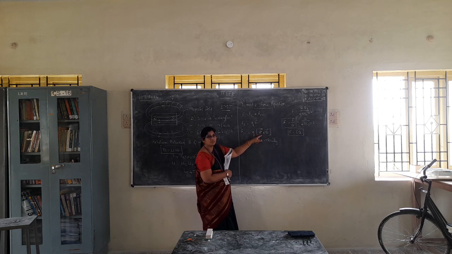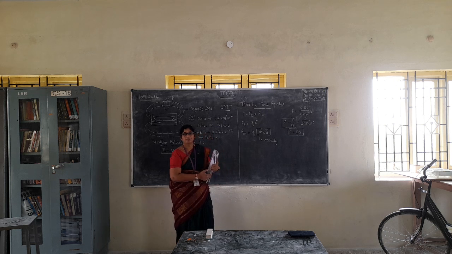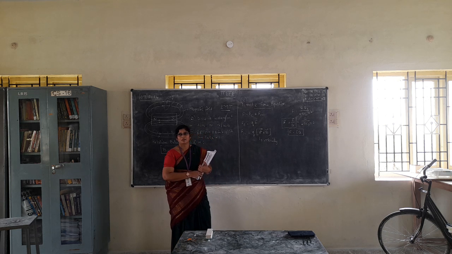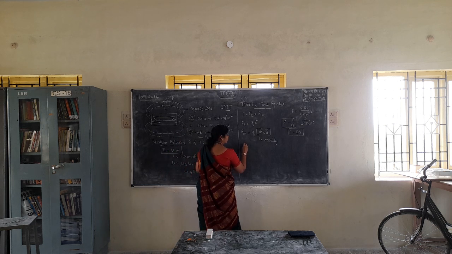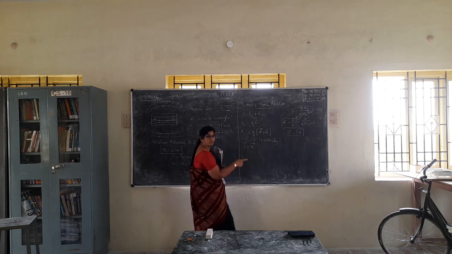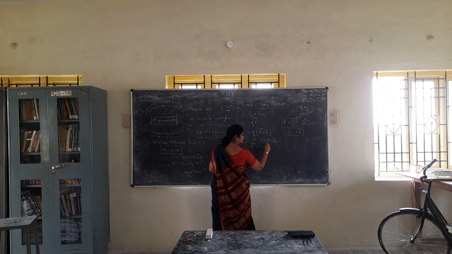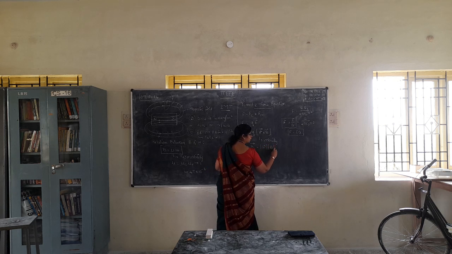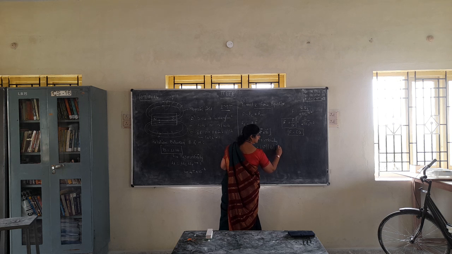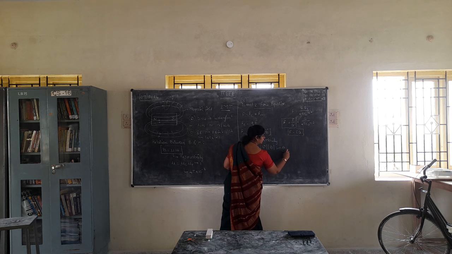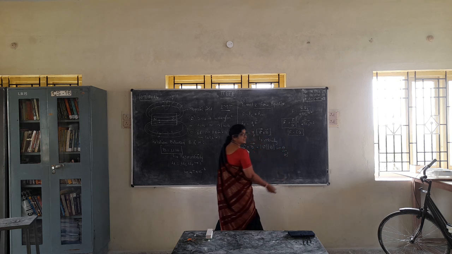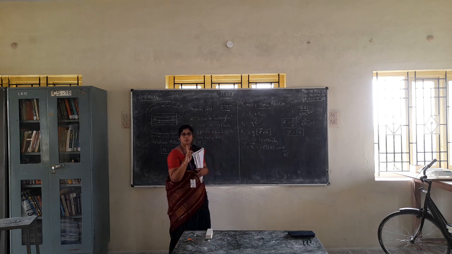So how to convert this vector into a scalar? If this is your V cross B vector, this is in vector form. Convert this into a scalar. In converting into scalar, magnitude of V into B into sin theta. So whenever your theta value is 90 degrees, sin 90 value will be 1.